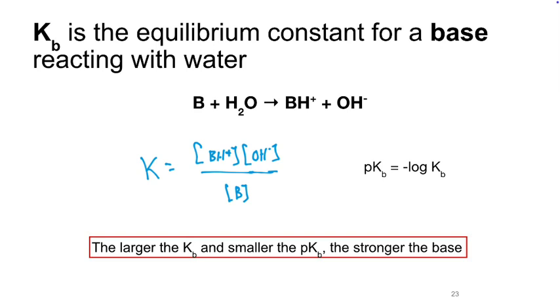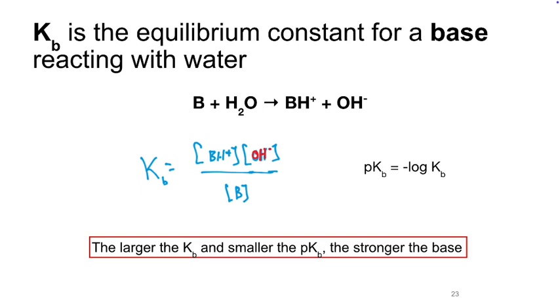This one becomes different from the Ka because what we're now talking about is the presence of hydroxide ion. Since hydroxide ion was something that was fairly characteristic for our bases when looking at solutions in water, we give a special name to this one as well, and you'll get a Kb.